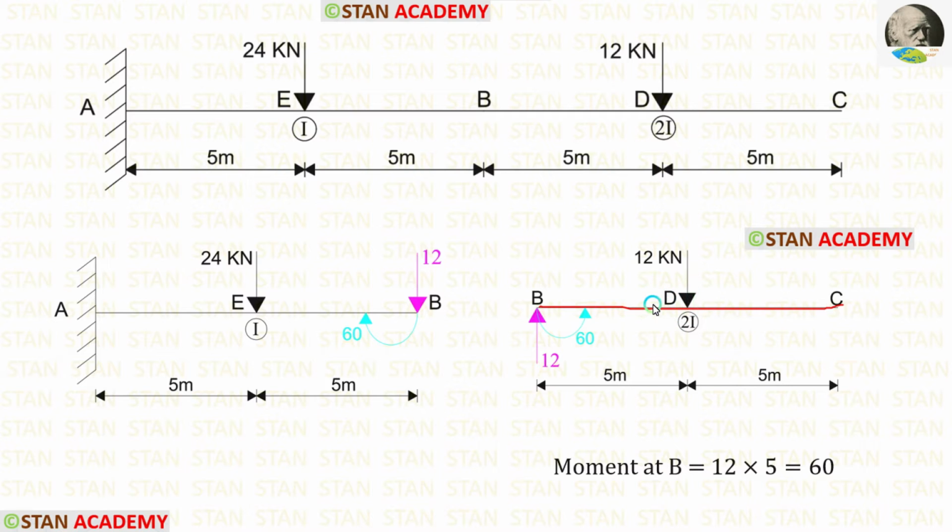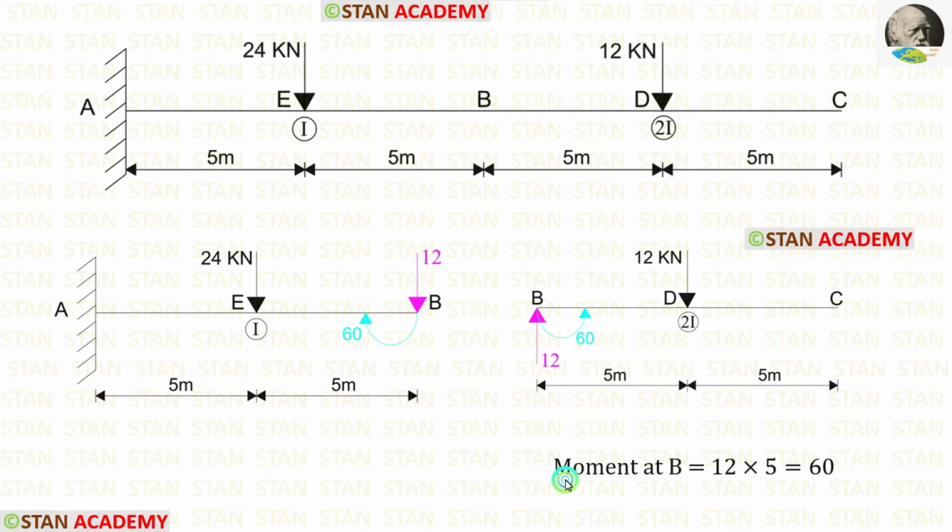In the span BC, in the point D, there is a point load 12 kN. Because of this load, a reaction 12 kN is developed in the point B. Since this load is acting downwards, the reaction should be acting upwards.